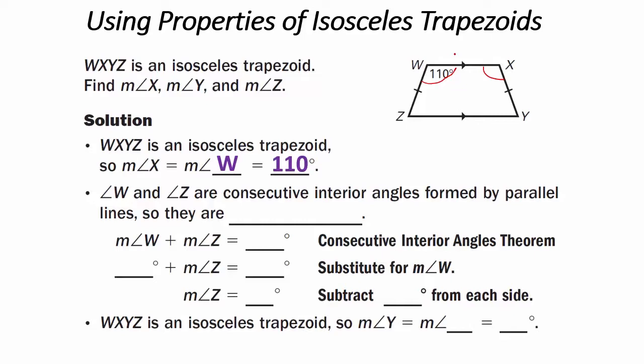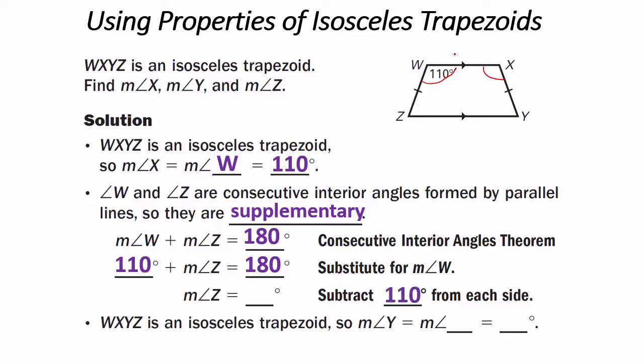Angle W and angle Z are consecutive interior angles formed by parallel lines, so they are supplementary. This means the measure of angle W plus the measure of angle Z is equal to 180 degrees using the consecutive interior angles theorem. We know the measure of angle W, it's 110. So we have 110 plus the measure of angle Z is equal to 180 degrees.